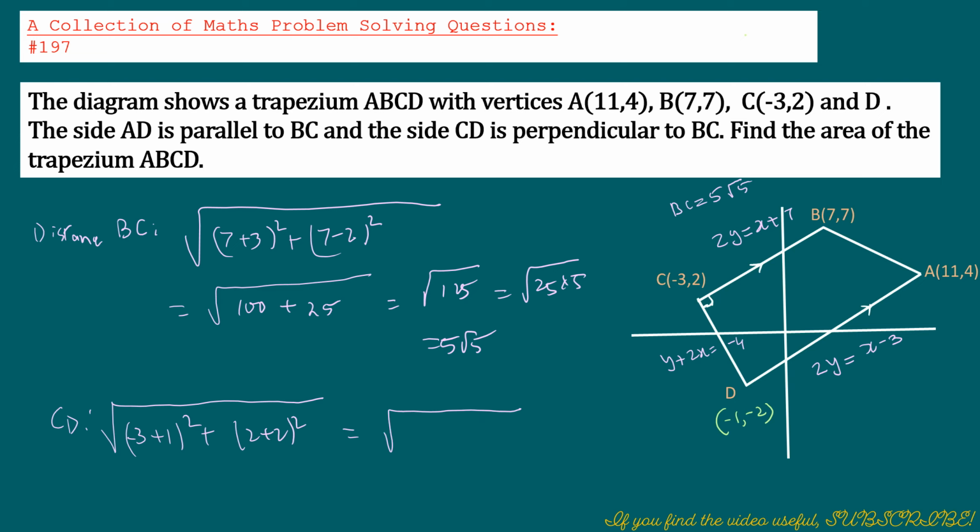That gives 2 squared is 4, plus 4 squared is 16, that is root 20, and that is 4 times 5, or 2 root 5. So CD equals 2 root 5. And then I have to find AD.